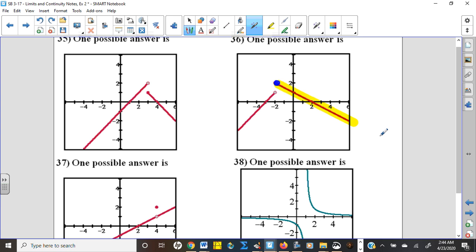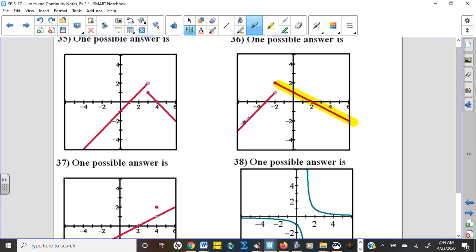Now, at the same time, the function overall as x approaches negative 2 does not exist. So once again, it can't be an infinite discontinuity because we already said that there's a value there. But it can't be a hole because it says the limit does not exist. And so you need another jump discontinuity on this problem.